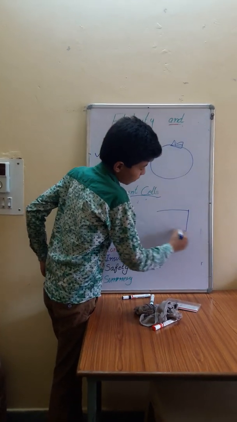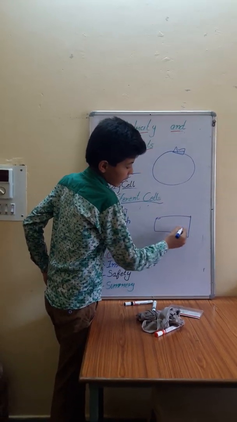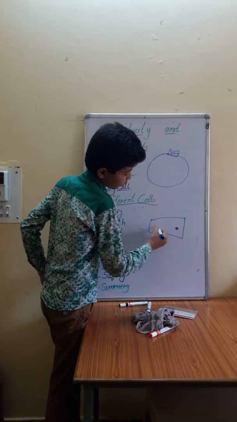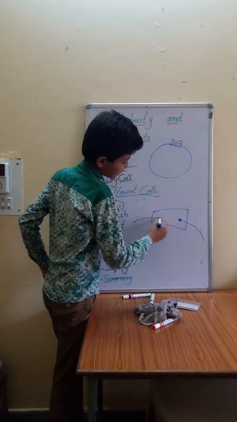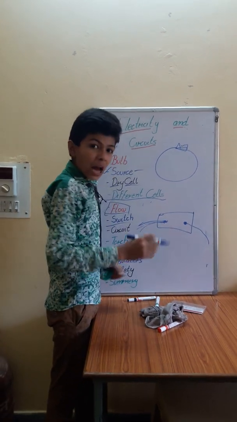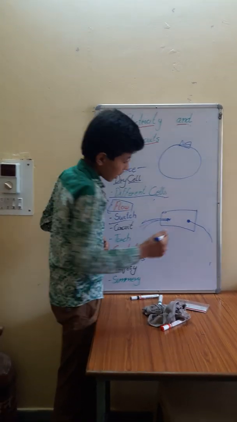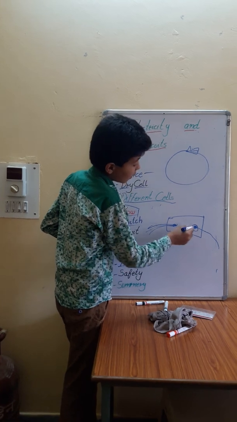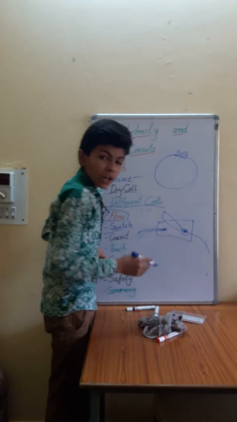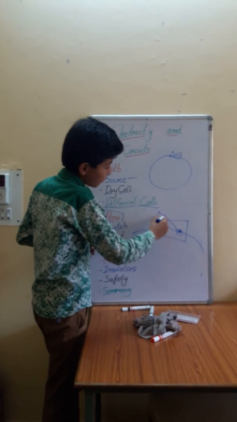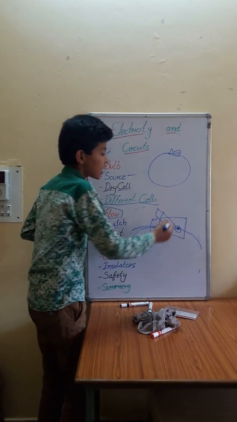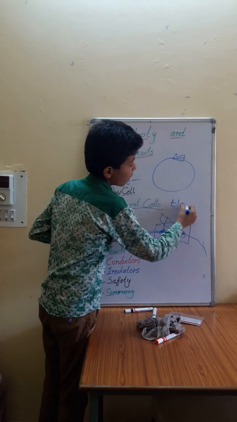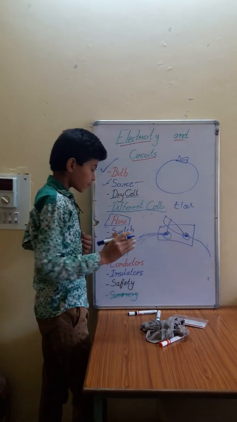Take a cardboard. Now place two pins here. Connect one wire from here and connect the second wire from here. Now take a safety pin and attach it here and open it here. When you want to close the switch, touch it. Then the bulb will glow. This is a homemade switch.